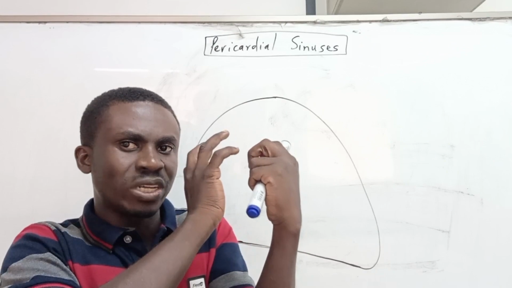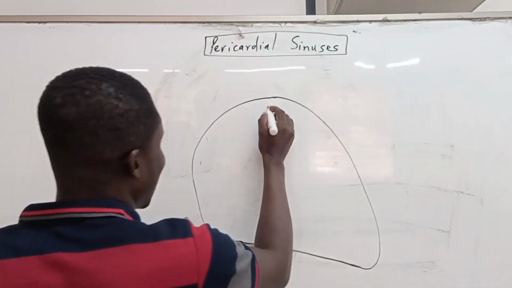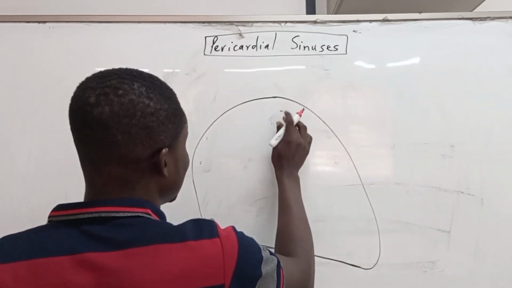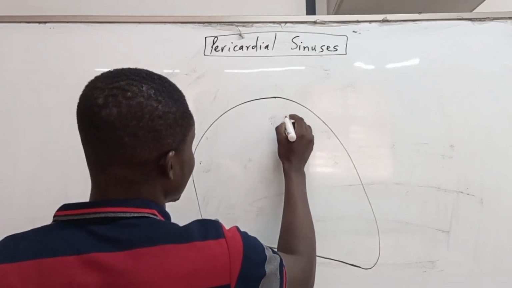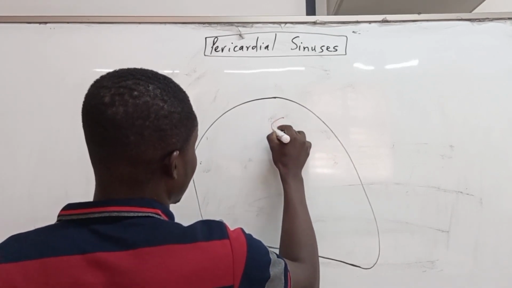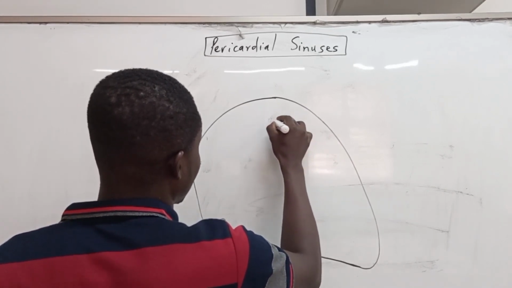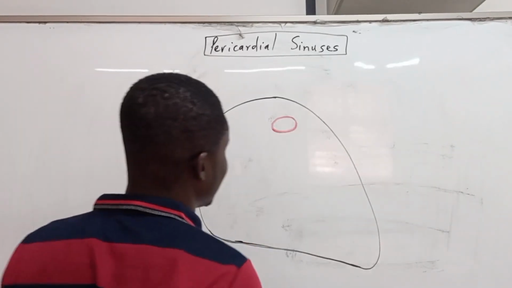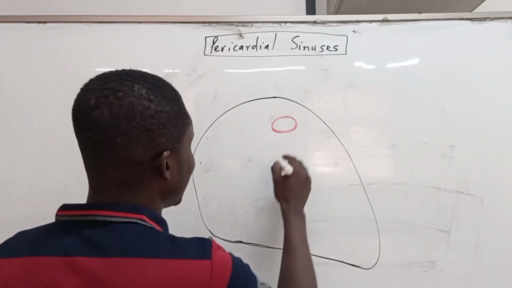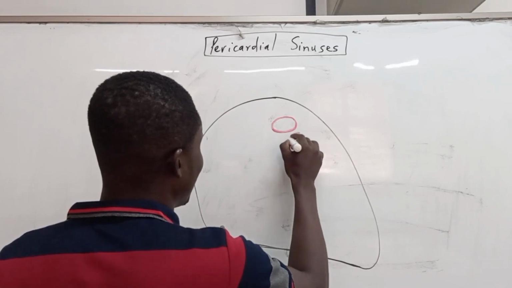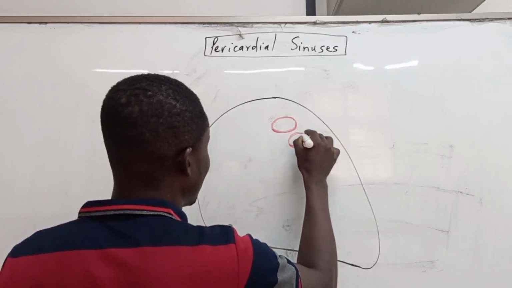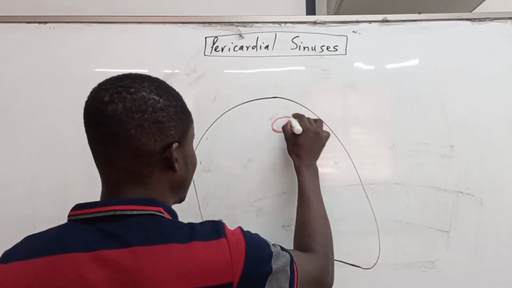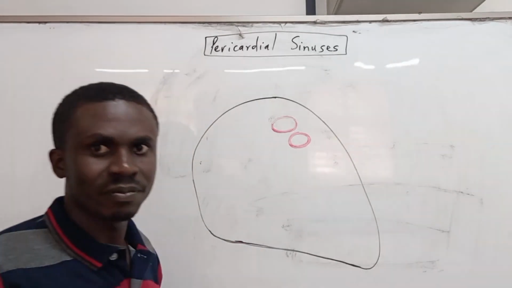They will come up to a certain point. So what I have over here is my ascending aorta. Then I also have my pulmonary trunk over here.